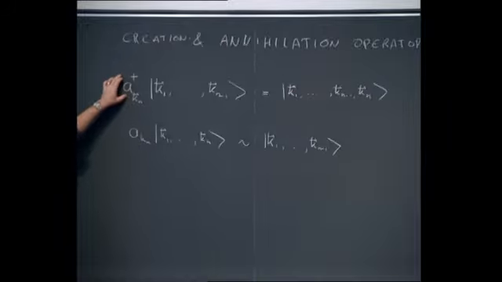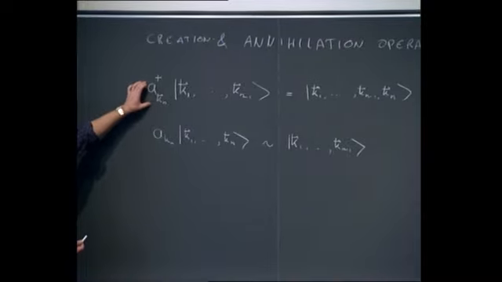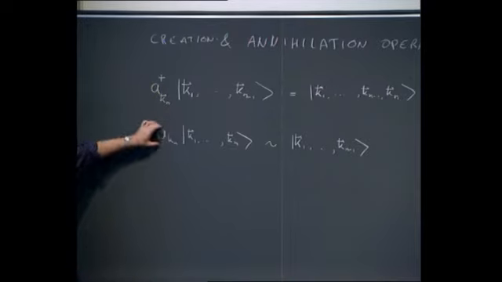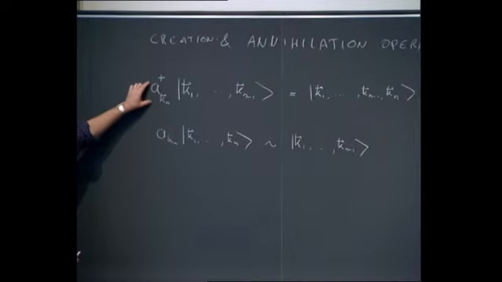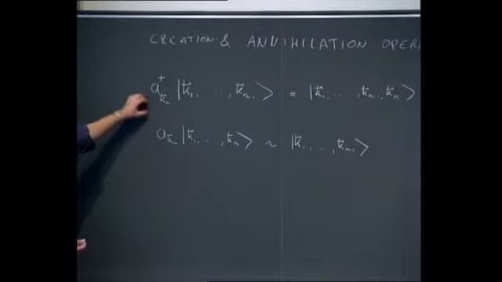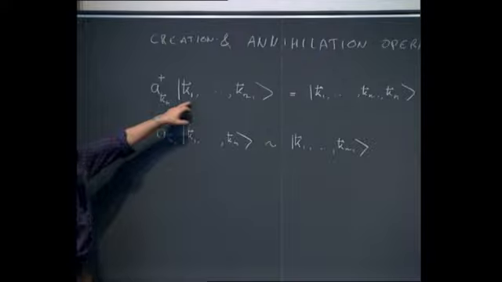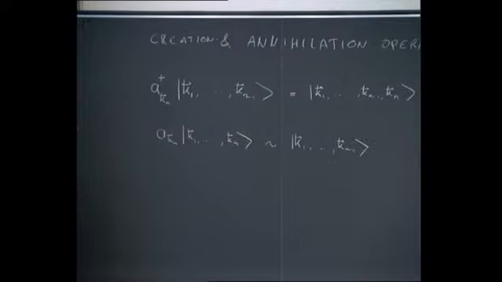And indeed, you can show that this is very similar to the creation and annihilation operators that you have in describing a harmonic oscillator in usual quantum mechanics. They satisfy commutation relations which are very similar to the commutation relations of the harmonic oscillator creation and annihilation operators.